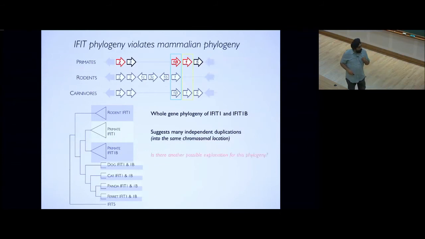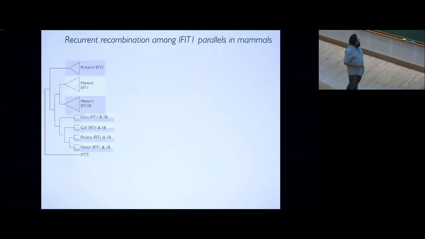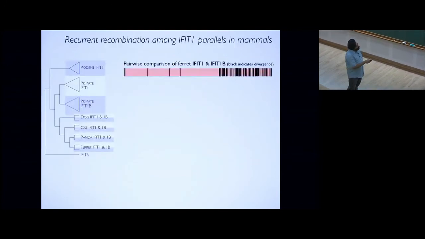So is there an alternate mechanism that could explain this phylogeny rather than this recurrent duplication and loss? And of course, there is, which is recombination. And that becomes evident when we do this. This is ferret, by the way, IFIT1 and IFIT1b. What we realized was, if you look in the C-terminal third of the gene, there were all kinds of nucleotide divergence, really divergent.